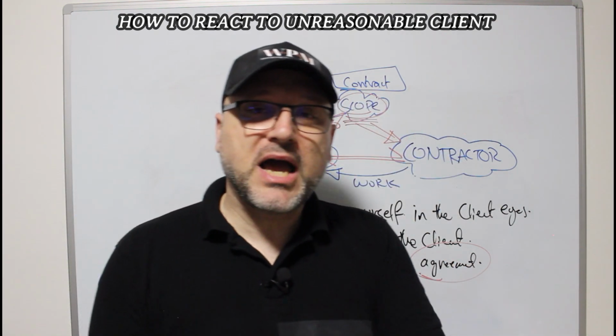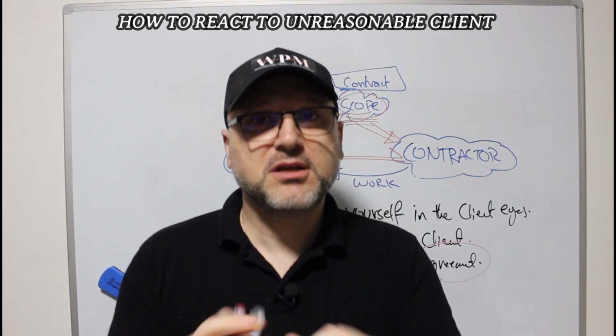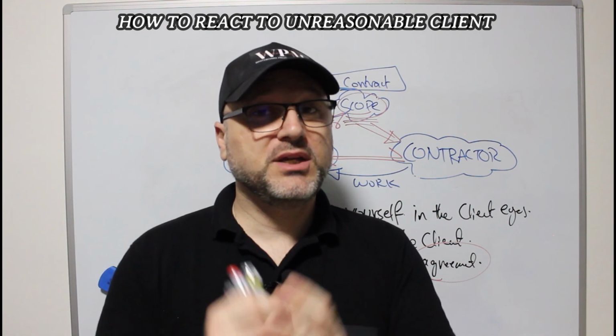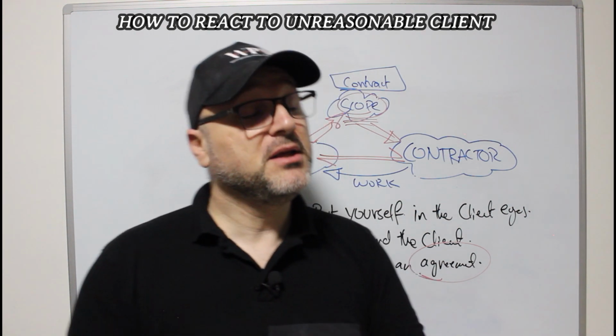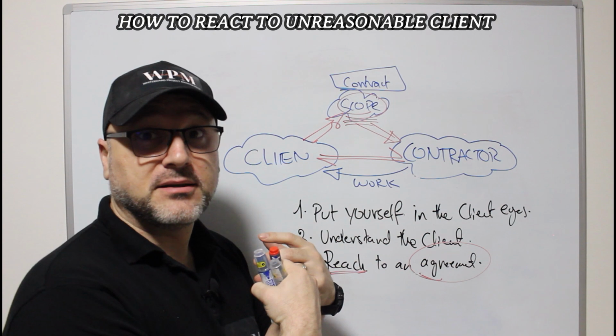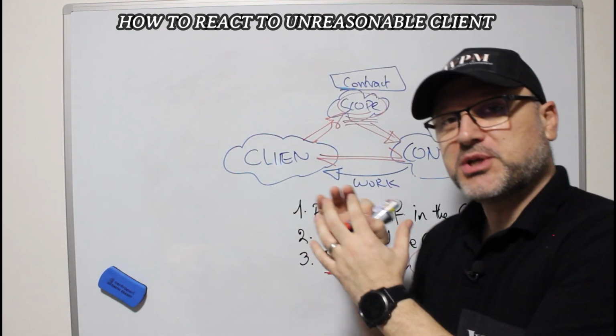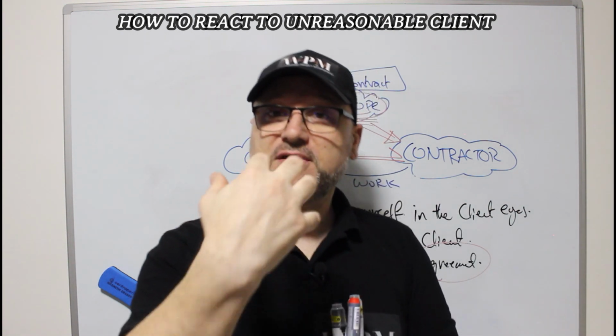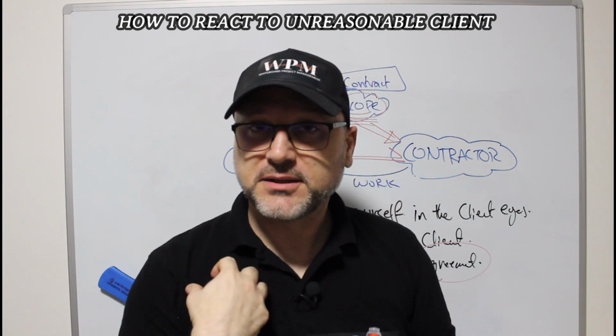I wanted here to highlight to you only the strategy of negotiation between you as a project manager from the client side, or you as a project manager from the contractor side, when you are receiving an unreasonable request from the second party.